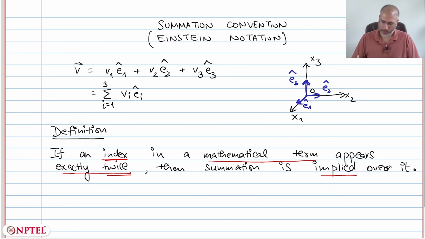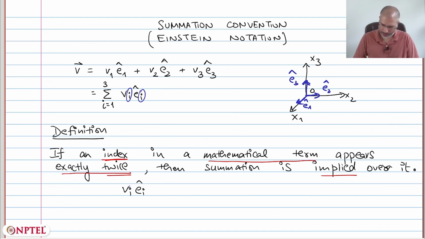Let's look at the term we just talked about. The index in this case is i. If I write this expression vi ei, let's test the summation convention on it.